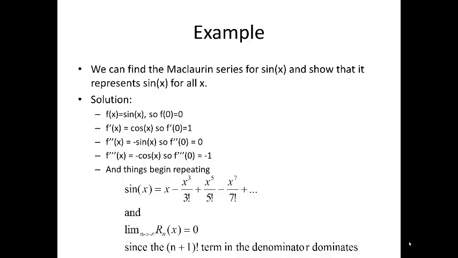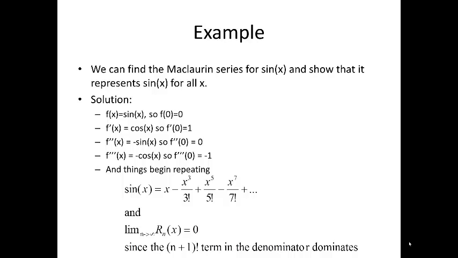So we know that f of x is sine of x, and if we evaluate sine at 0, we get 0. Now the derivative of sine is cosine of x, and that's again something you'll have to refresh from calculus, and cosine of 0 is 1. Now the derivative of cosine, which is going to be our second derivative, is minus sine of x.